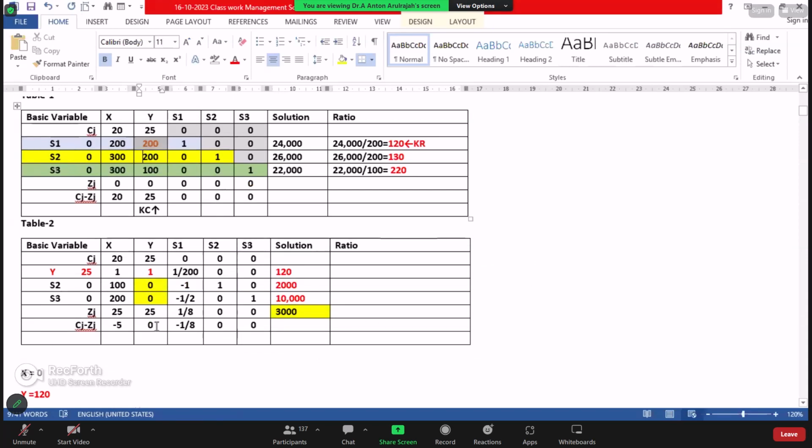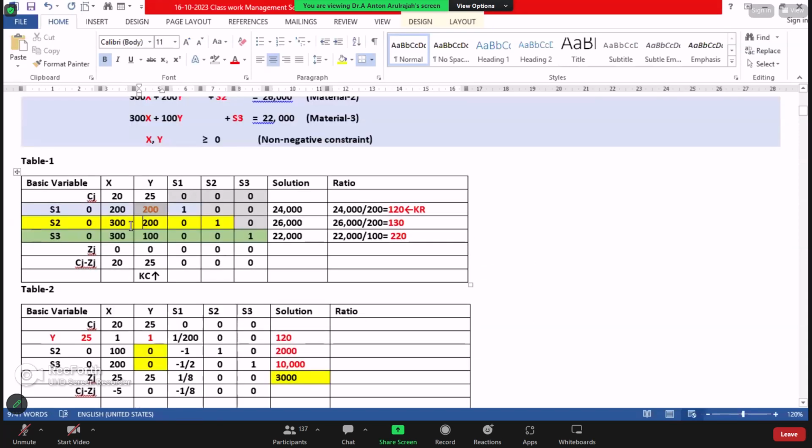That is the process. So now you see that I copy this one, 300, 200, 0, and 1, sorry, 1, 0, 26,000.